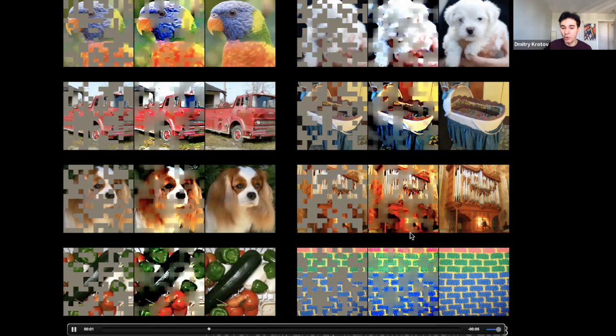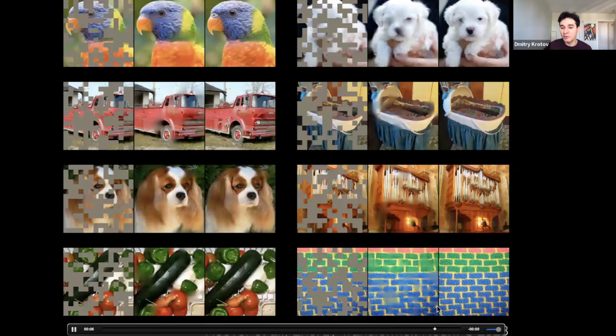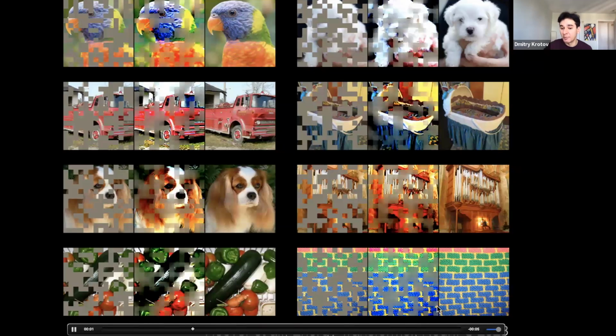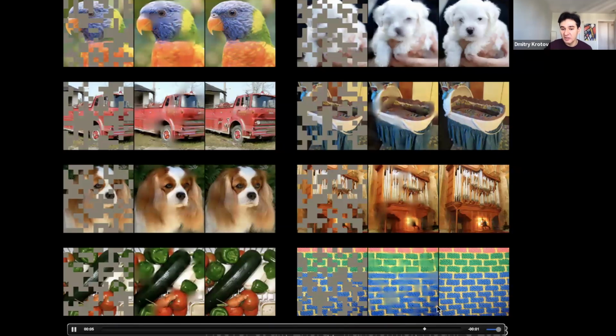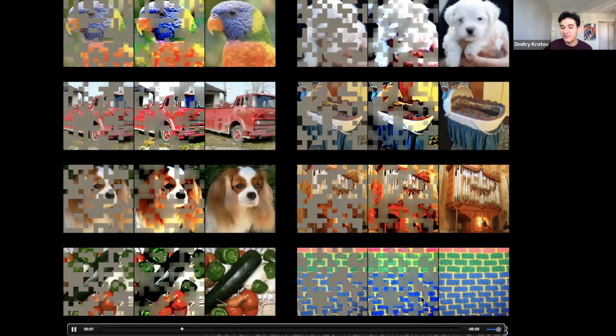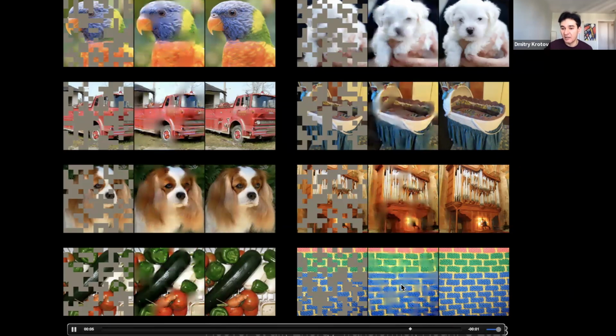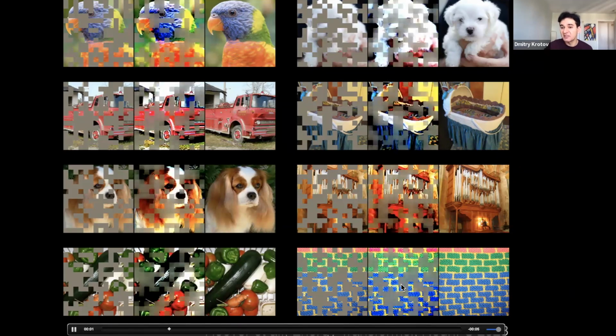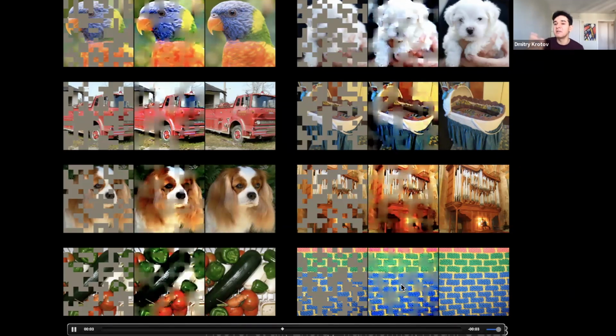So for example, if you focus on this portion of the image, you can see that the ground truth is irregular patterns of bricks. But because some of the boundaries between those bricks were occluded in the initial seed, the network manages to reconstruct a very long brick instead of a regular pattern, which of course is a deviation from the ground truth, but it's a meaningful deviation.